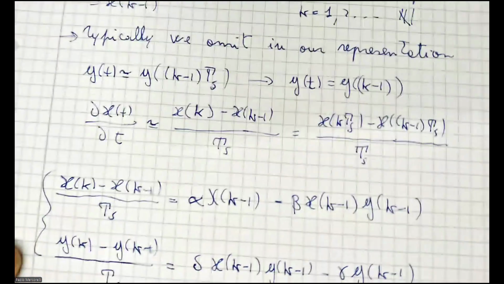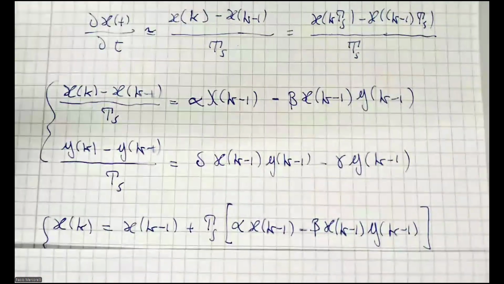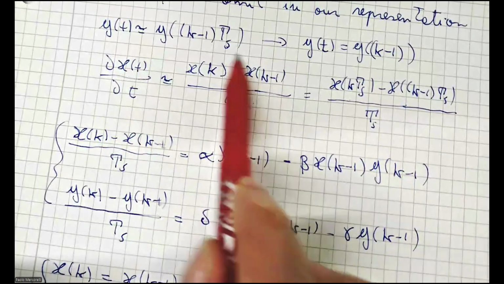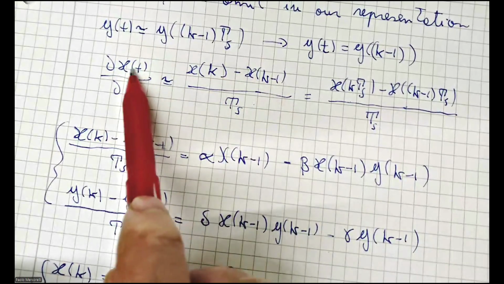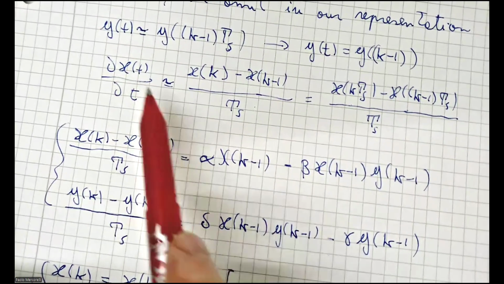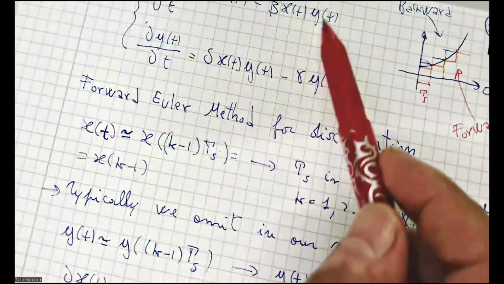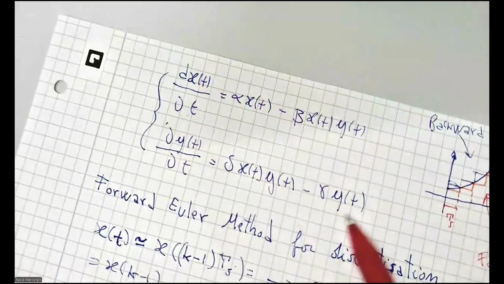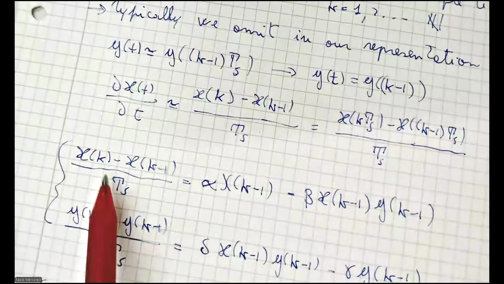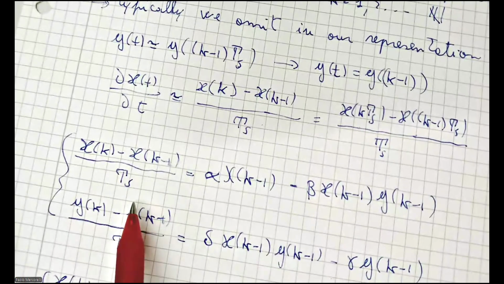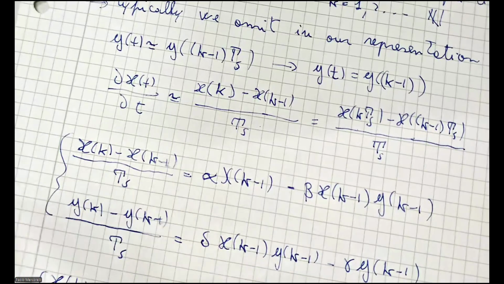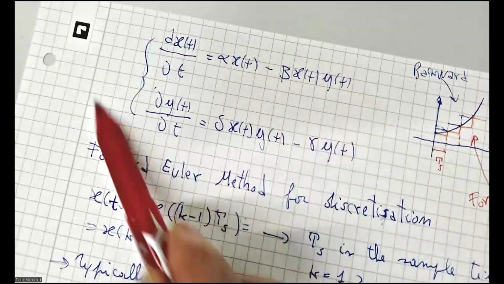I didn't put here the derivative of y, but it's the same as here, just replacing x with y. And then I plug in all this approximation information here, and I will obtain these two equations, which represent the discretized system.